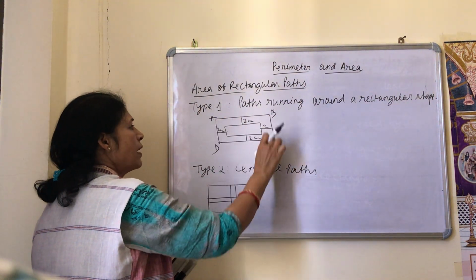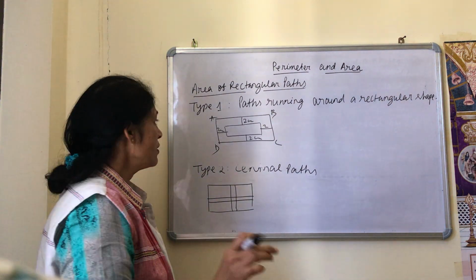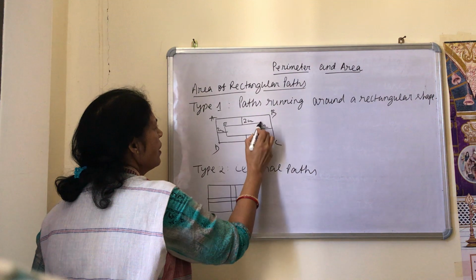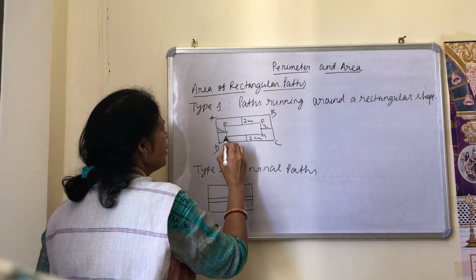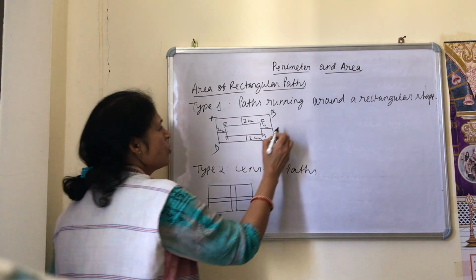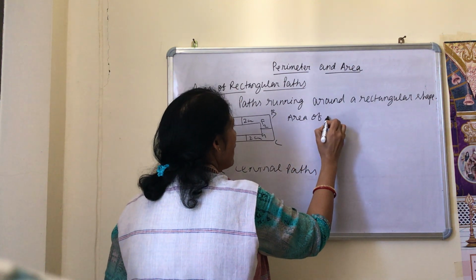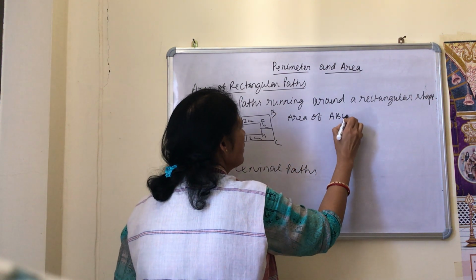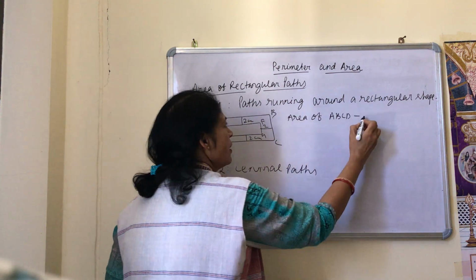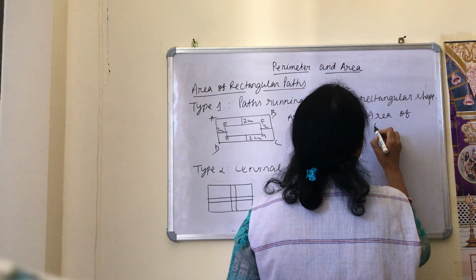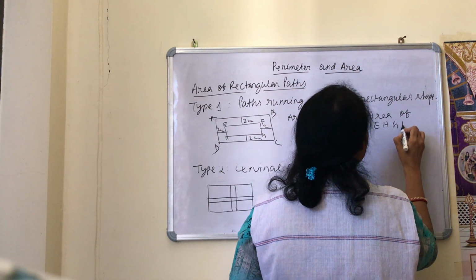area of the rectangle ABCD minus the area of the inner rectangular field. Suppose this is EFGH. So area of rectangular field ABCD minus area of rectangular field EFGH.